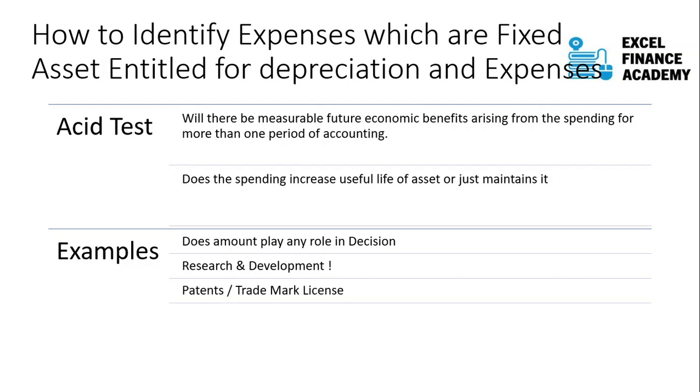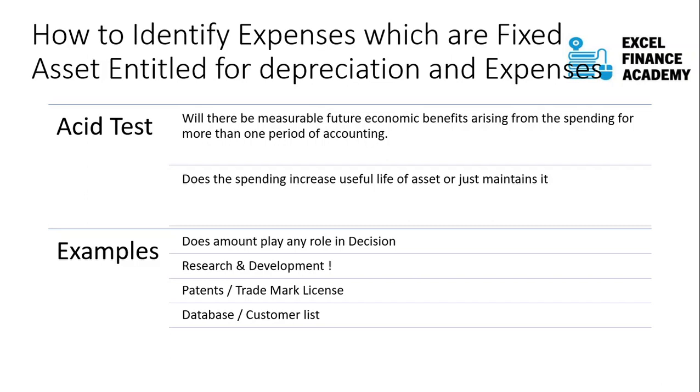Patents, trademarks, licenses, you're going to recognize as an asset or fixed asset. Patents means you pay today, but you're going to use it tomorrow, right? So you're going to recognize it as a fixed asset most of the time. Database, customer list. Let's say you spend $10,000 on a Facebook ad to generate a customer list. Will you recognize it as a fixed asset or as an expense?